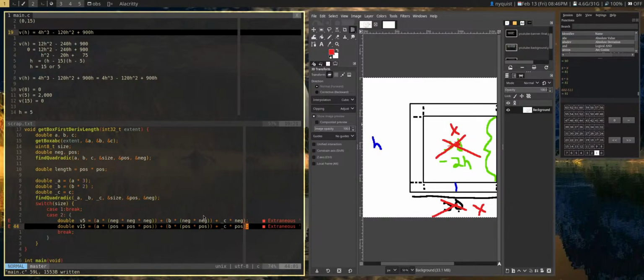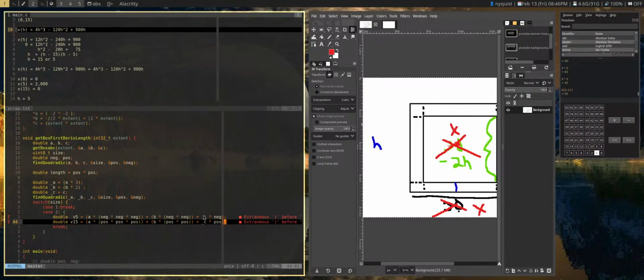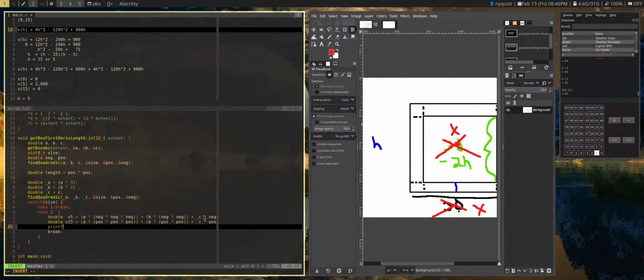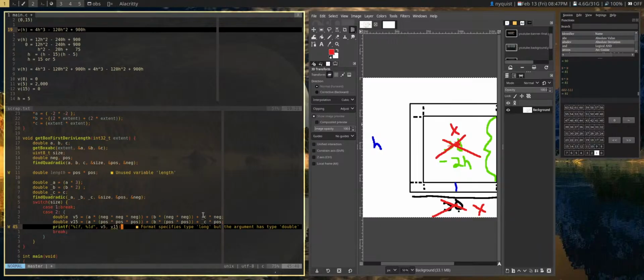What did I do? Extraneous. Oh, I don't need this. There we go. Should be 0 and 15. I mean, I guess it doesn't need. Let's just have it equal v.